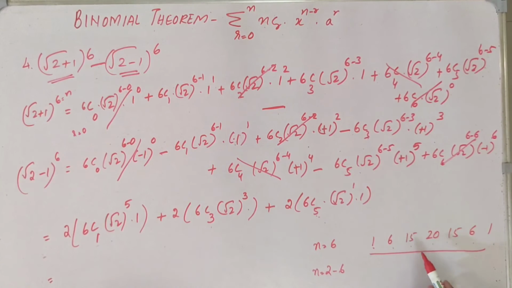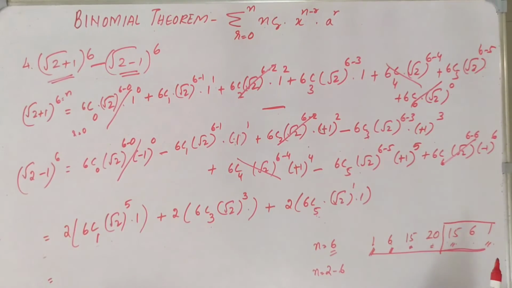Again, there is a tip in memorizing. I told you the first term and the last term are always going to be 1. The second term is always going to be the same as the n value. So if the power is 6, then the second term is going to be 6. And we'll have to calculate the third term, fourth term. And if you see, the fifth term will be repeating. From this term, it will start repeating itself in the reverse direction: 15, 6, 1.